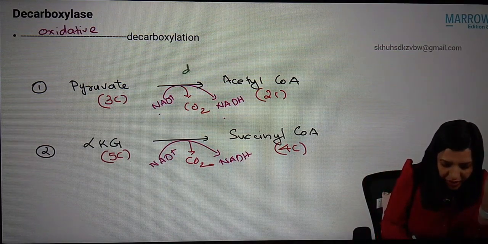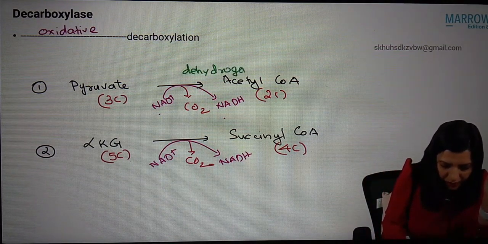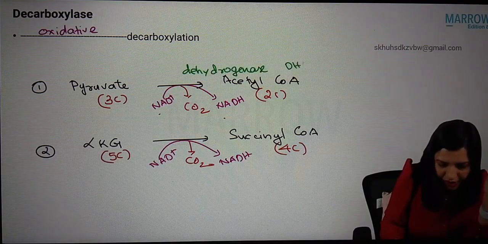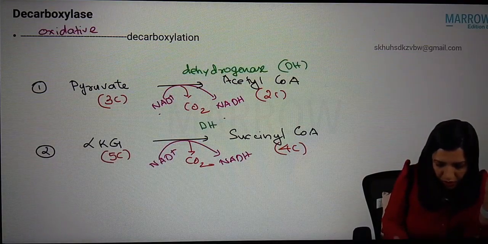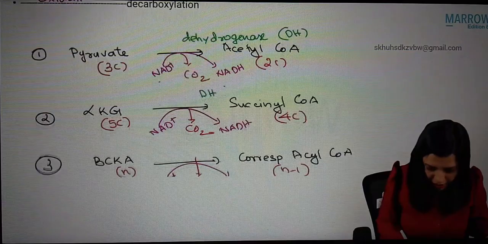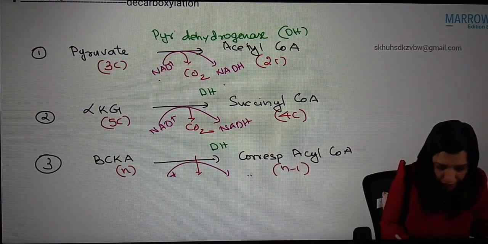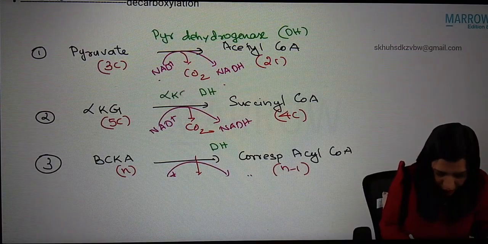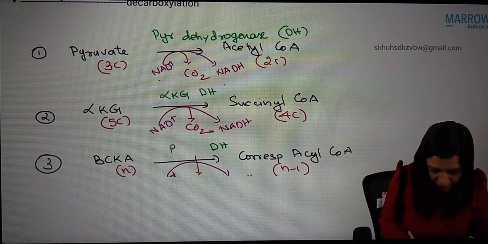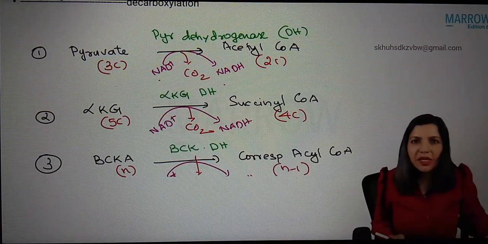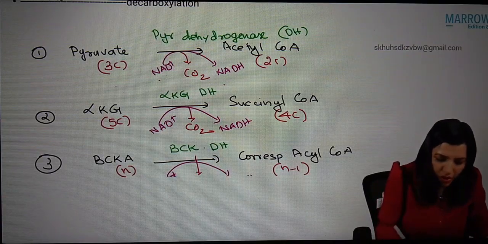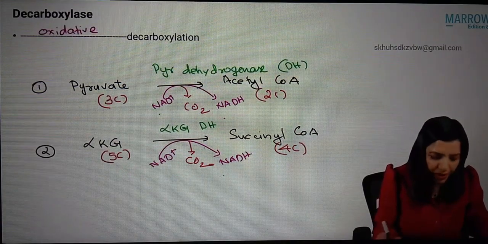So, this is dehydrogenase. Okay, so I'm writing DH here. Correspondingly, all these are DH. Write the name of the substrate: pyruvate dehydrogenase, alpha ketoglutarate dehydrogenase, and branched chain keto acid dehydrogenase. Now, all these are not simple decarboxylation.